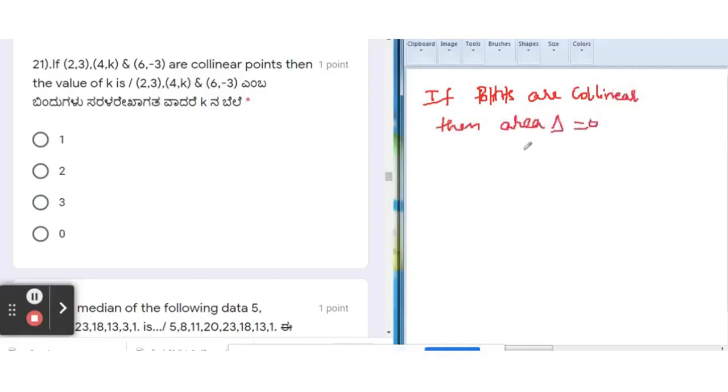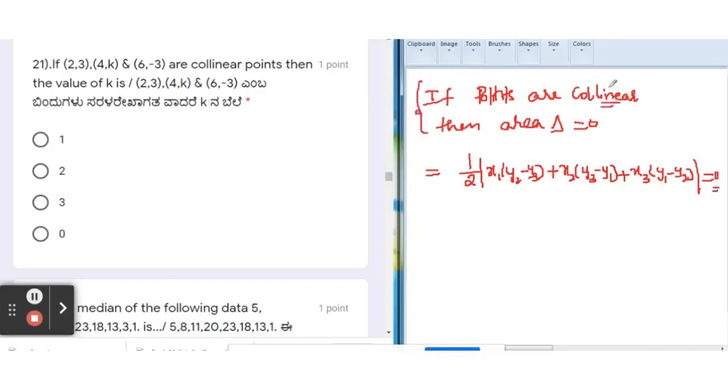So we all know the area of triangle formula, which is nothing but half into x1 (y2 minus y3) plus x2 (y3 minus y1) plus x3 (y1 minus y2), which is equal to 0. Important formula, you have to memorize this, students. Why am I equating with 0? That's what the condition says. Whenever the word collinear appears in coordinate geometry, you have to equate the area of the triangle formula with 0.